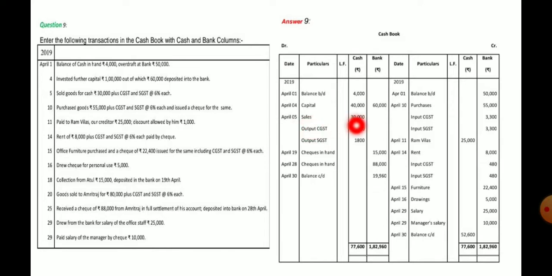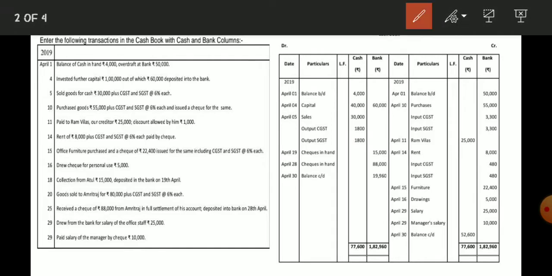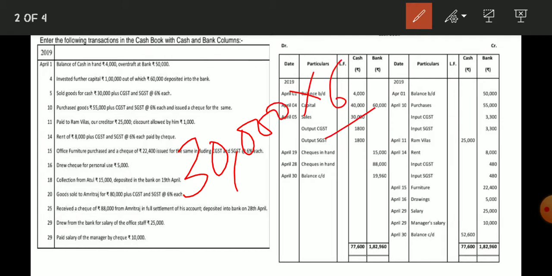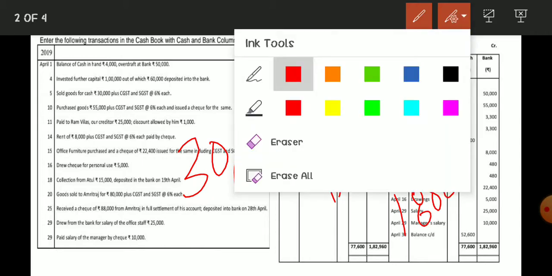Sales, that is 30,000, and output GST, because on sales we receive output GST, so it will be recorded as output GST, CGST and SGST, that is 1,800. How is it calculated? 30,000 into 6 upon 100, 6 threes are 18, that is 1,800, right?